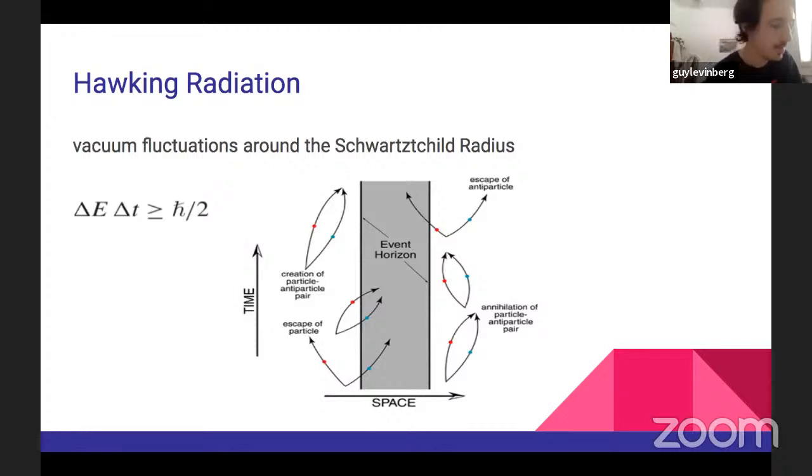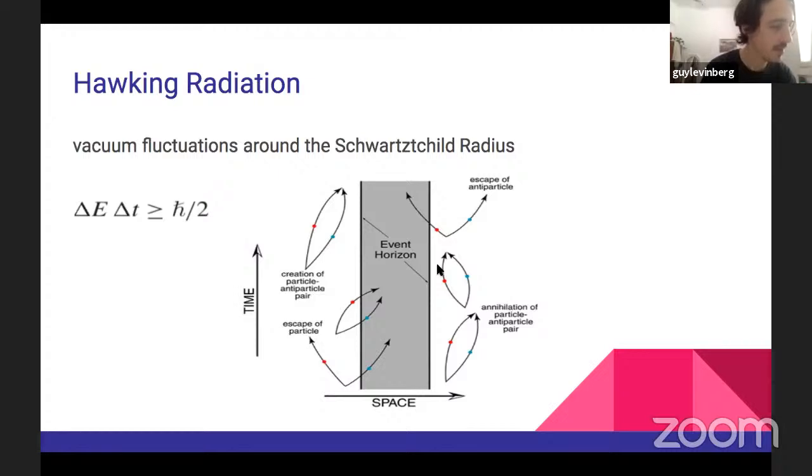In 1975, I think, Hawking made a paper that proved there's an effective radiation, because he asked what happens to the vacuum fluctuation very, very close to the event horizon.